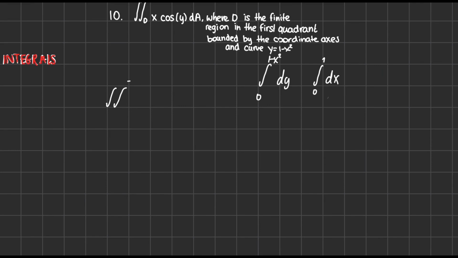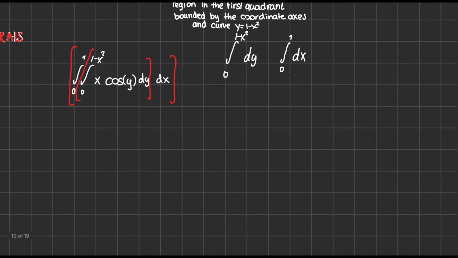I think I'm going to solve this one first. x cosine y, and then dy dx, right? Because this one is dy, the inner one. And then we're going to solve the outer one. So solving this integral, 1 minus x squared, 0, x cosine y dy.